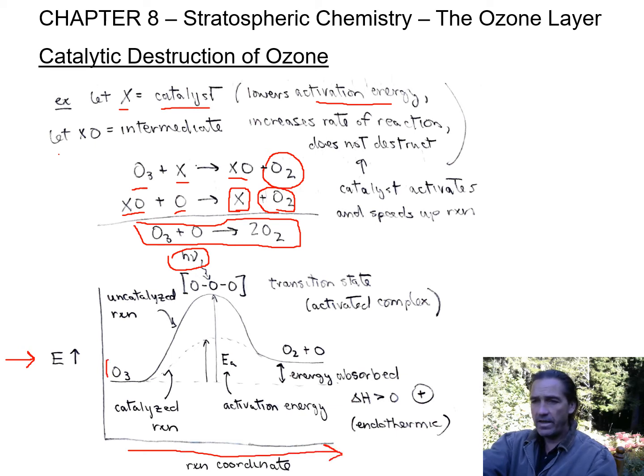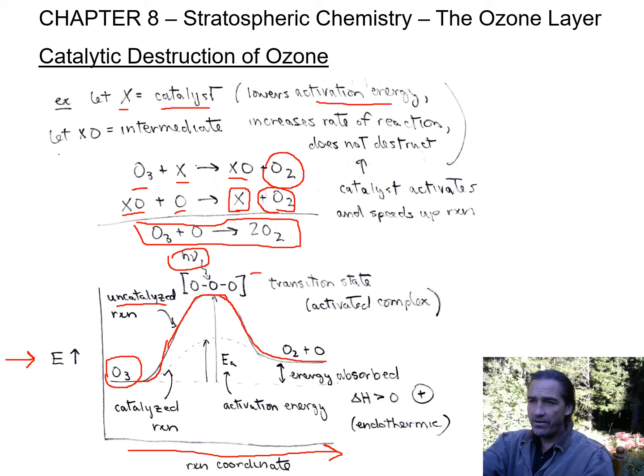And so if we have, say, ozone under natural conditions, meaning uncatalyzed, that ozone will react with the UV light, and it needs to get over this threshold in order to make these products.